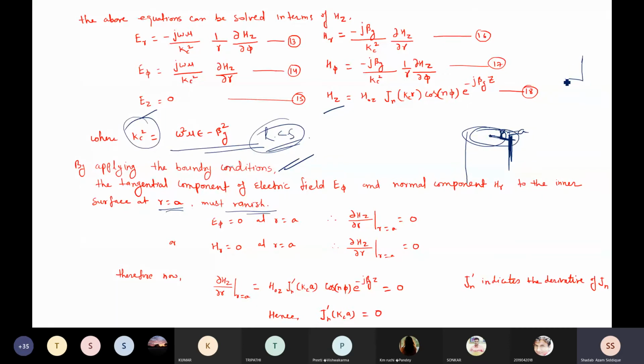Earlier, for the rectangular case, the x dimension was a and the y dimension was b. Here we are assuming the r dimension will be a, and it must vanish.